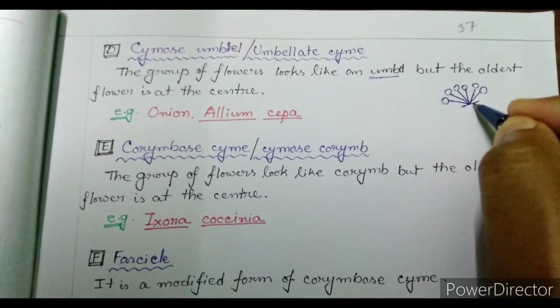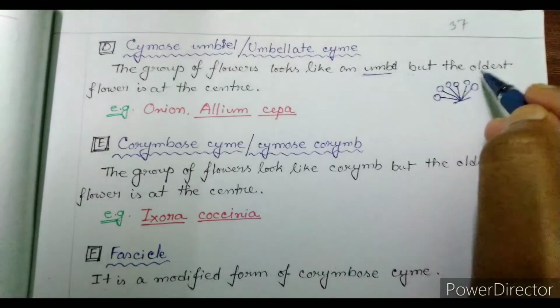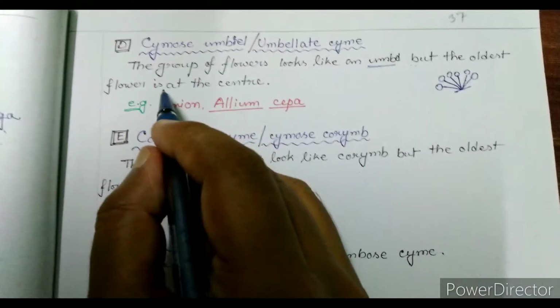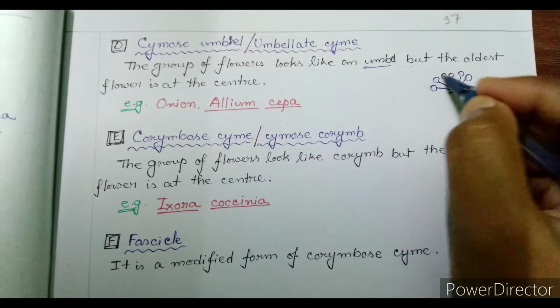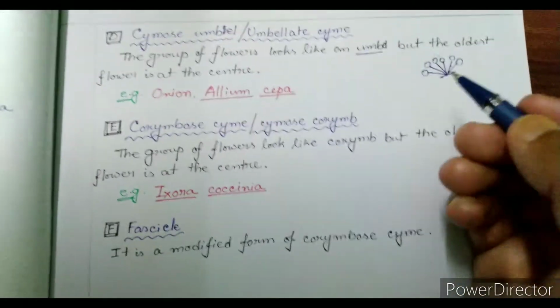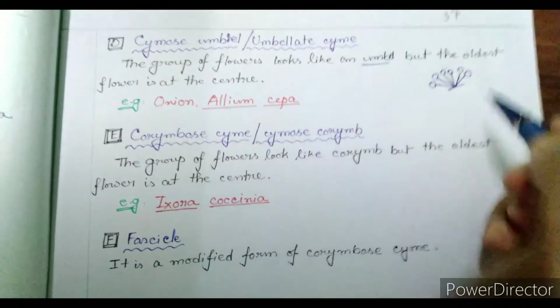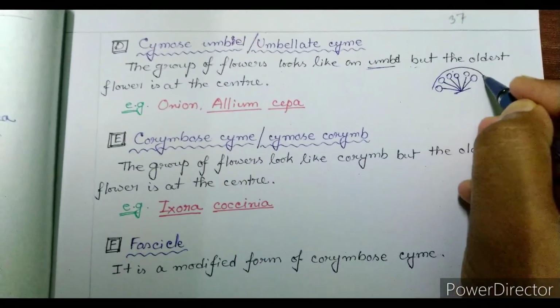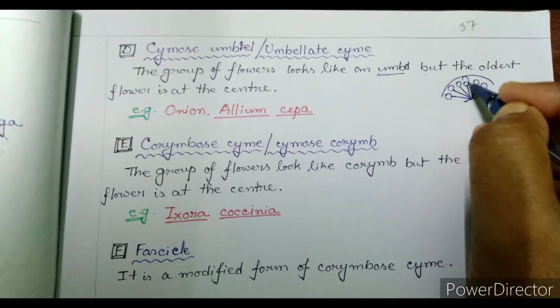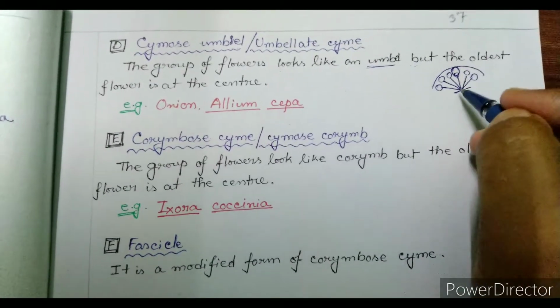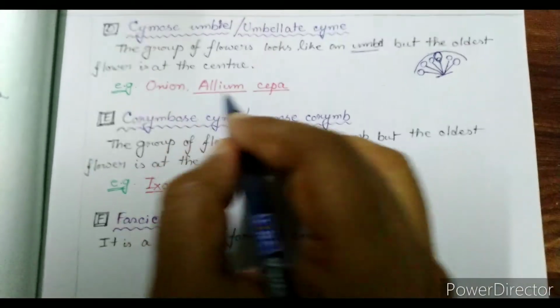But the oldest flower is at the center, meaning the flower arrangement is like a cyme, but they look like an umbrella. This type of floral arrangement is present in Allium cepa.